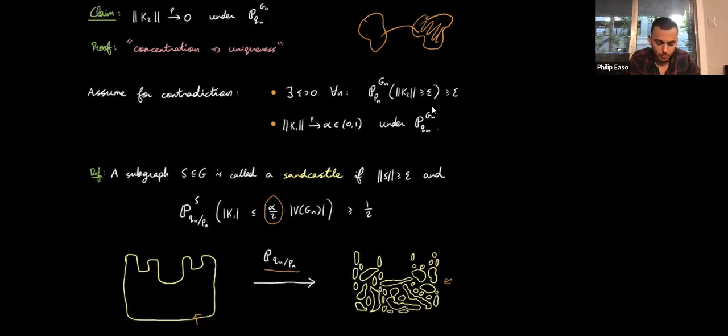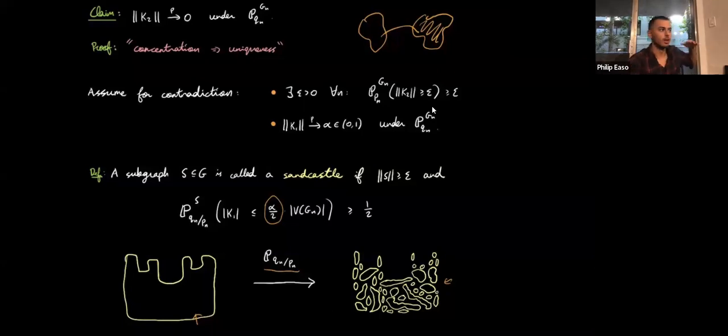So the reason it's useful is because, like I said, we want to relate percolation of parameter Pn and percolation of parameter Qn. But there's a really natural way to get a percolation configuration of parameter Qn from one of parameter Pn. And that's just that you do percolation on the percolation subgraph with parameter Qn over Pn.